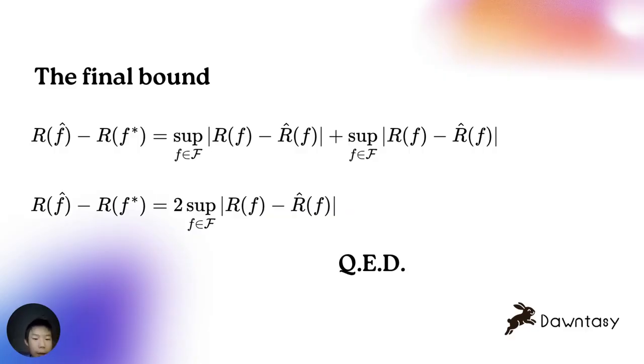Because they're basically identical terms, we can sum them up, and thus it's 2 of that. So the excess risk is less than or equal to 2 times the worst case scenario of the generalization gap. So 2 times the supremum of the true risk minus the empirical risk.